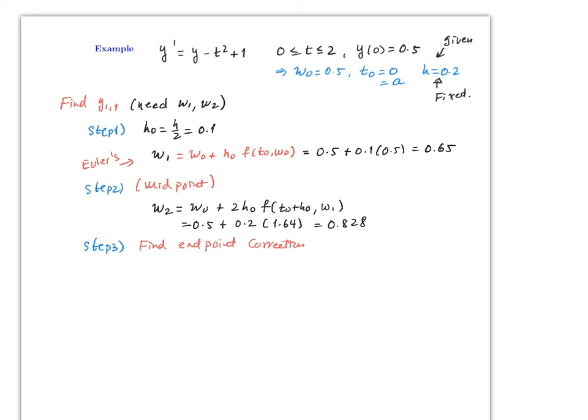and the endpoint correction formula is the following: Y11 equals 1/2 (w2 plus w1 plus h0 f(t0 plus 2h0, w2)), which once you plug in all the values is around 0.8284.